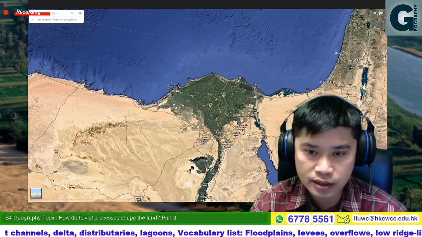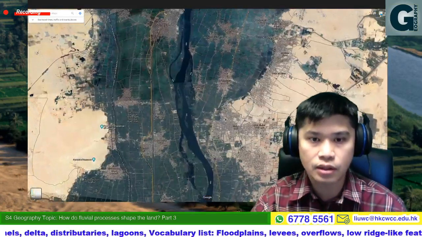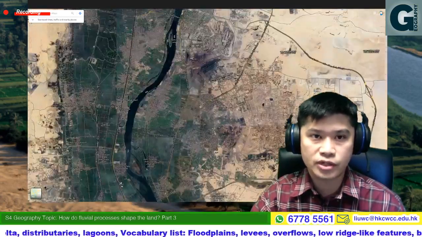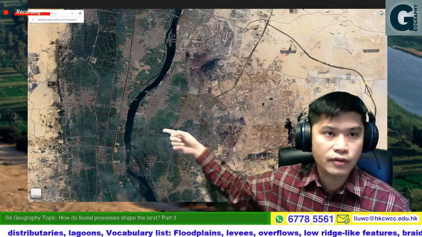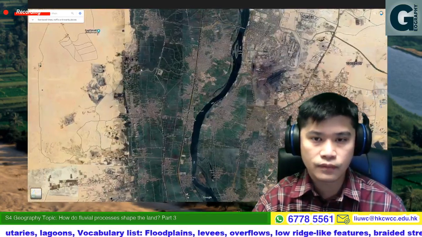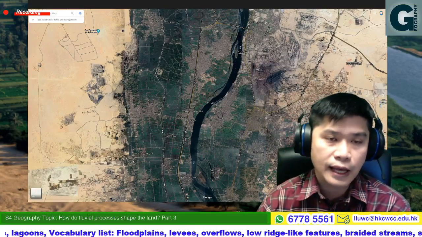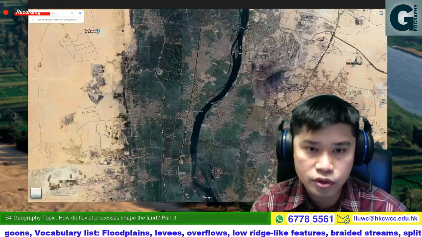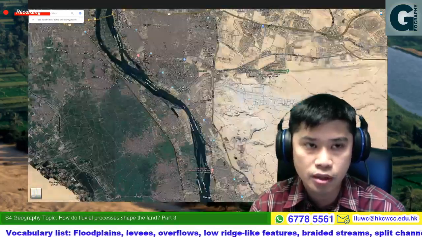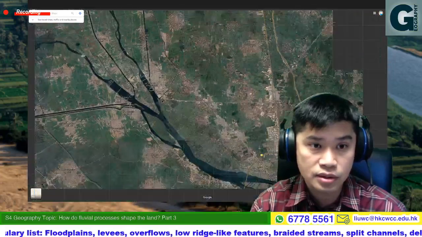If I zoom in, you can see the river channel. That is very obvious. The dark one here, that is the river channel. Then if we move downstream, we can still see the channel.